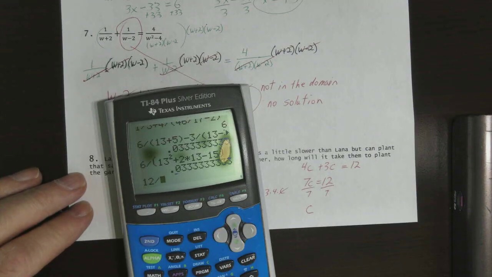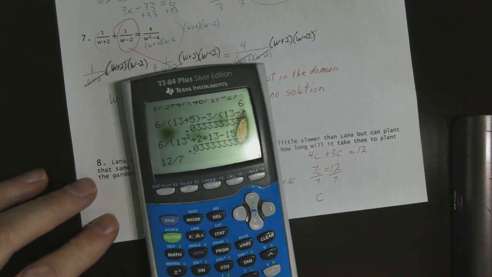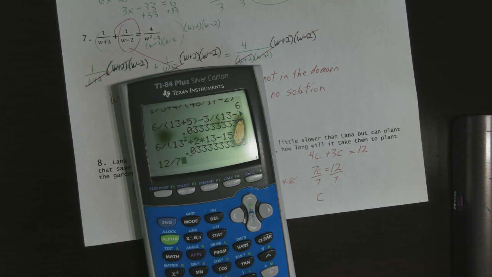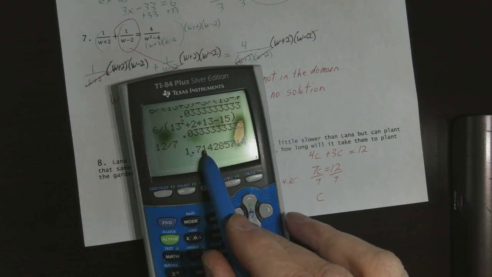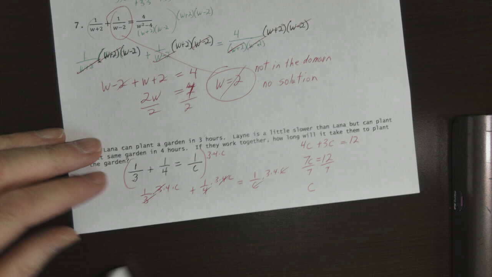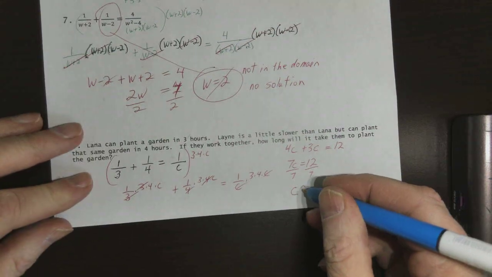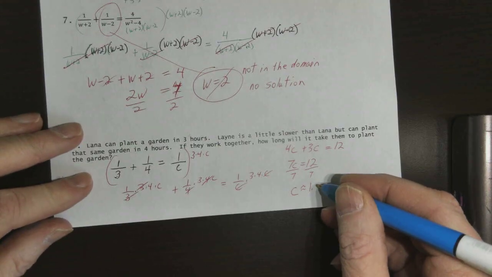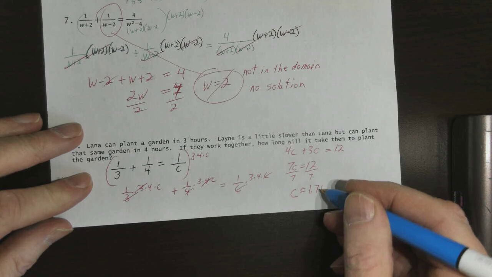Divided by 7. I'm going to guess something here. It's 1.714285. All right. I'm going to go 2 decimals, so C is approximately 1.71.